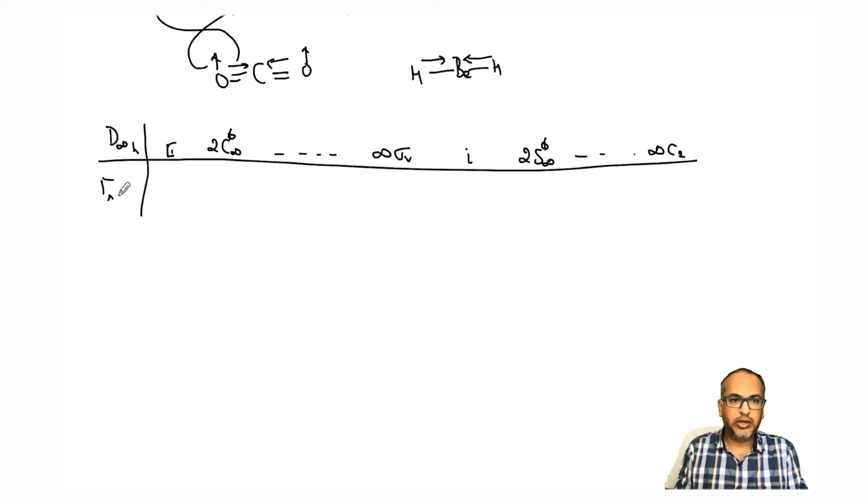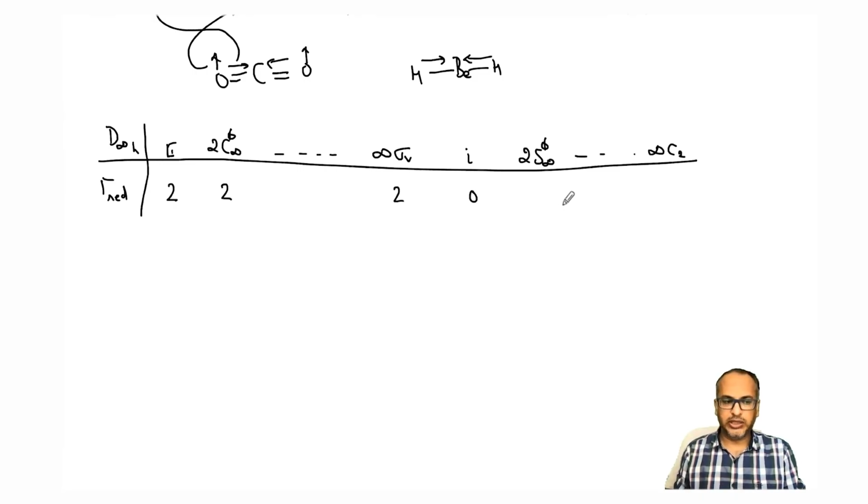So this is Γ reducible using these arrows as the basis, and under E these arrows would not change. Under C∞ also these arrows would not change. Under σv the arrows would not change. Under i, both the arrows will change. 0, 0.